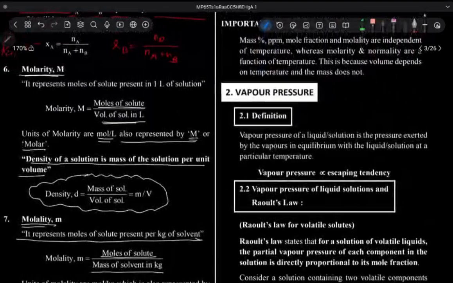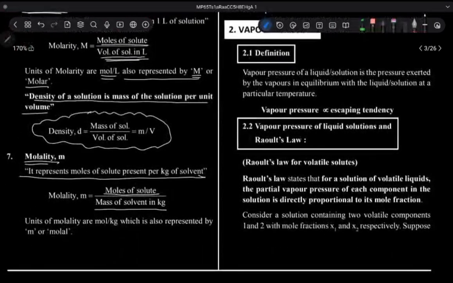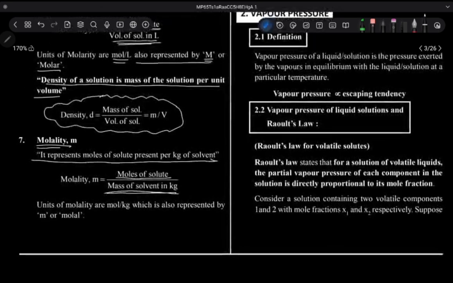In molarity, it is volume of solution in liters, and in molality it's mass of solvent in kg. Don't confuse this. Okay, so the units are mole per kg, which is also represented by small m or molal.